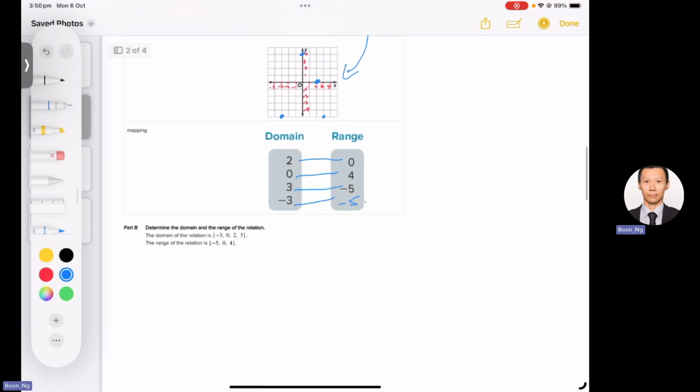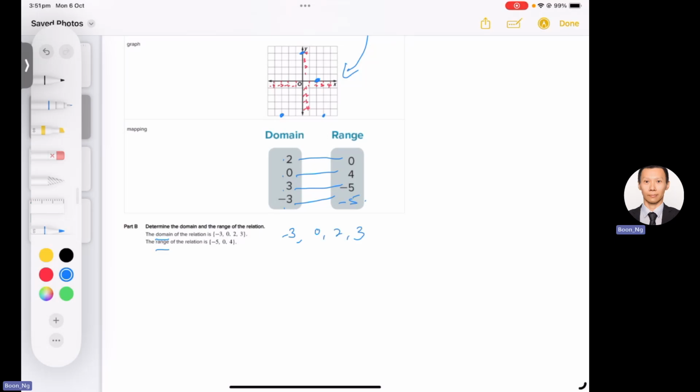All right, so you can see here, and then we bracket into domain and range. You can say for domain is 2, 0, 3, negative 3. From the smallest to the largest is negative 3, 0, 2, and 3. And we would do this bracket as a domain.